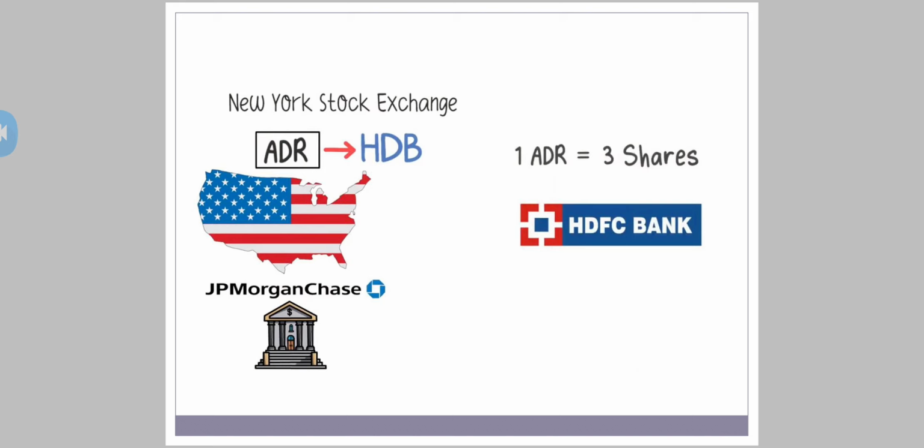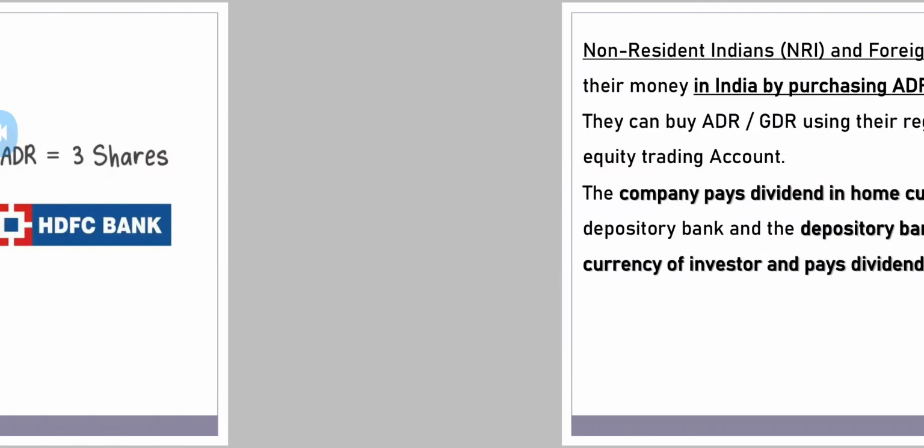So this bank buys the shares of HDFC, or I can say the ADR of HDFC Bank, and then it's listed on the American stock exchange in the form of ADR. See, HDB is nothing but the short form for HDFC. HDB is the initials given on American stock exchanges.